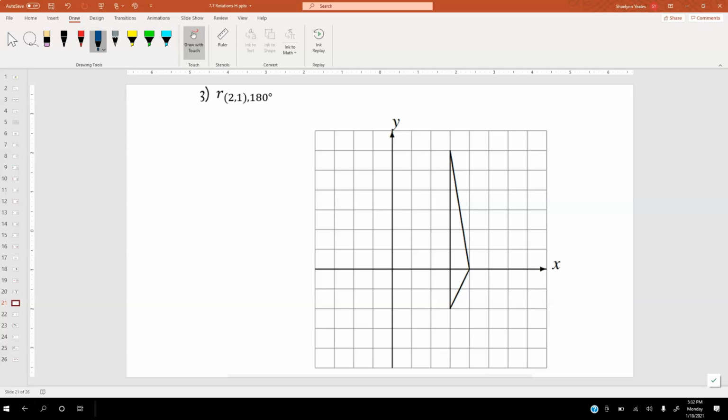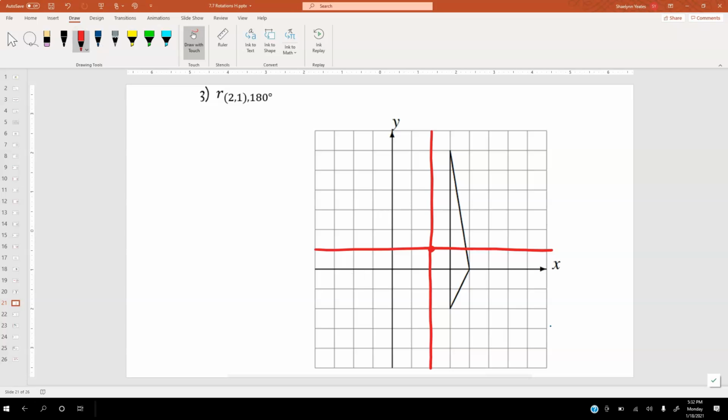So we're going to be rotating about the point (2, 1). So over 2, up 1, there's our rotation point, which means this is my new axis. Okay, and we're rotating 180 degrees, so it's going to take everything over there.